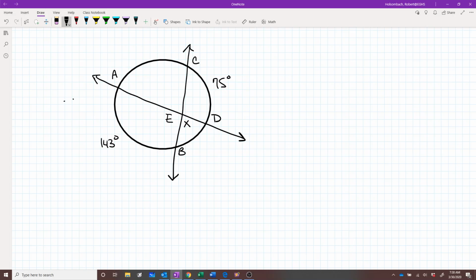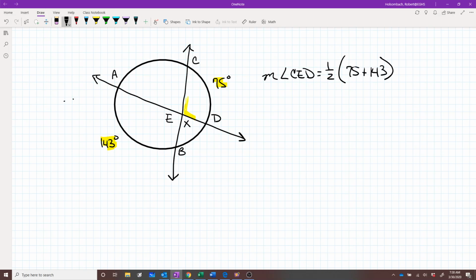So based on the given information, we need to find this angle measure first, because we're given the 75 and the 143. So we can call that angle CED. So the yellow angle is angle CED. So the measure of angle CED is equal to 1/2 of 75 plus 143.